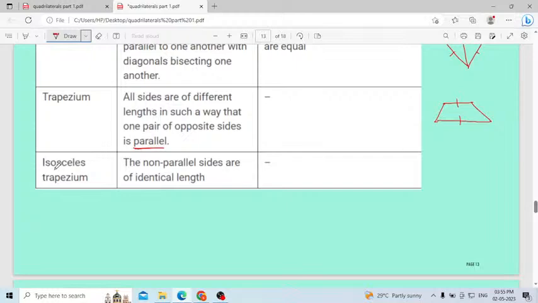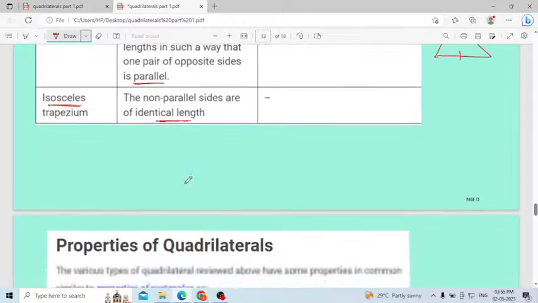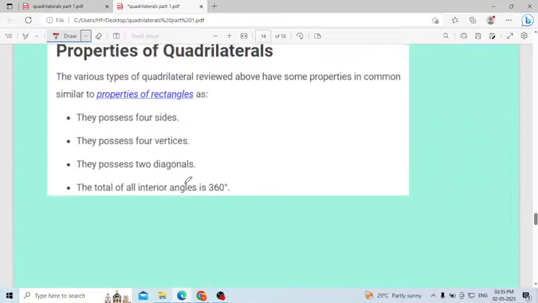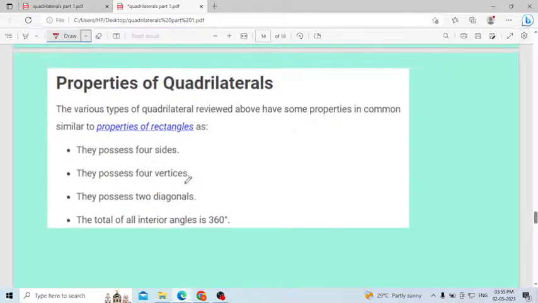The name itself indicates that in an isosceles trapezium two sides must be equal. Therefore, two sides are identical in length. Once again, I listed the properties of a quadrilateral: parallelogram, everything.